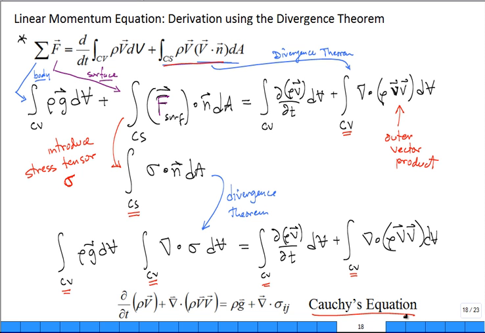Okay? So I know that we switched sides. What was on the right now becomes on the left, but there it is. So this is our acceleration, advection of linear momentum, how gravity might affect it, and how forces, surface forces, can affect it.